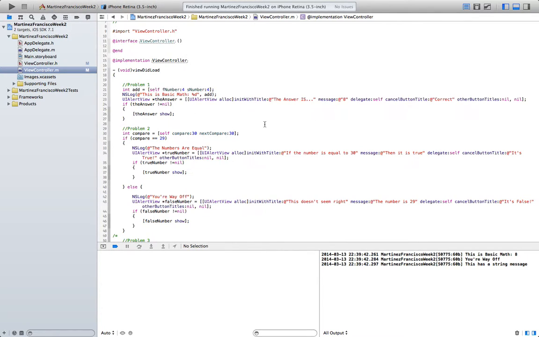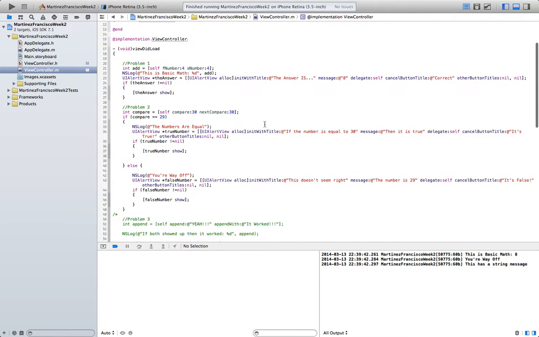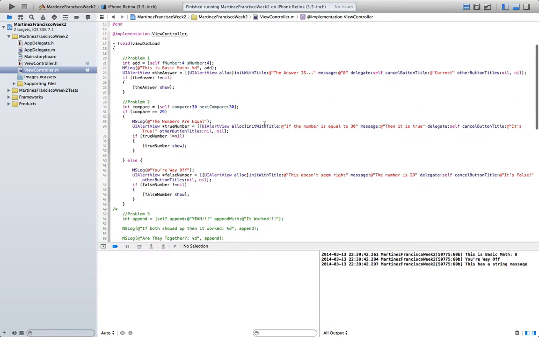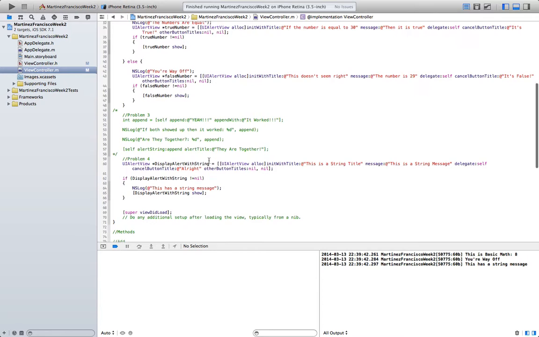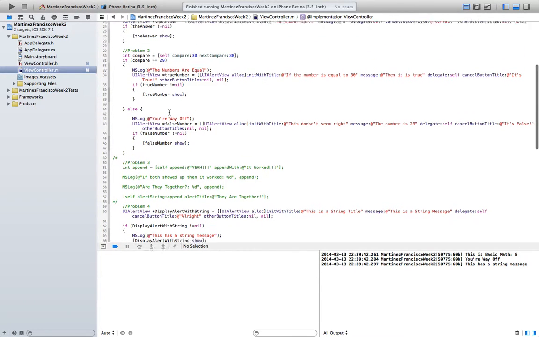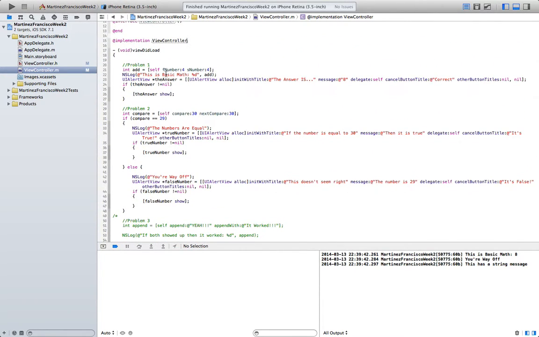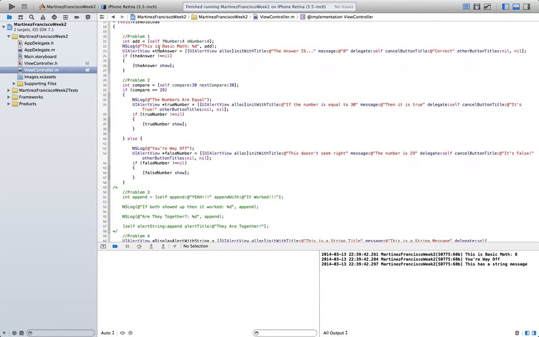As far as trying to put it in with the flow of my app, I decided to put them in sections as far as problems go. When it came to setting up the code, I put them in problems.